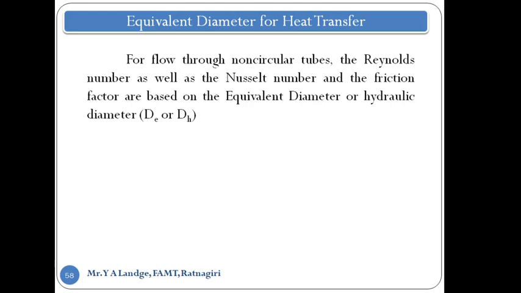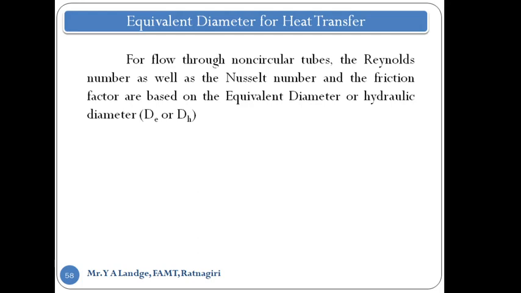So here the concept is, if it is a non-circular pipe, we first calculate the equivalent diameter, or in certain cases we call it the hydraulic diameter. When the flow is through non-circular tubes, the Reynolds number as well as the Nusselt number and the friction factor are based on the equivalent diameter.